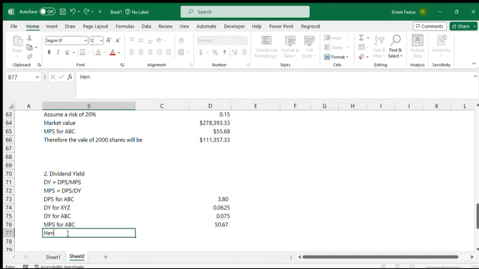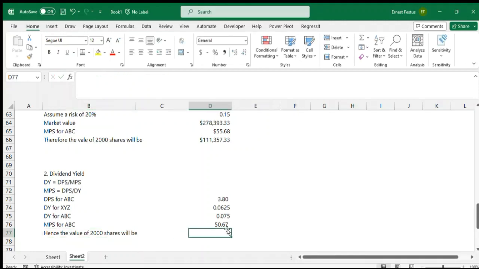Hence the value of 2,000 shares is going to be equal to this multiplied by our 2,000 shares. I'll hit enter.